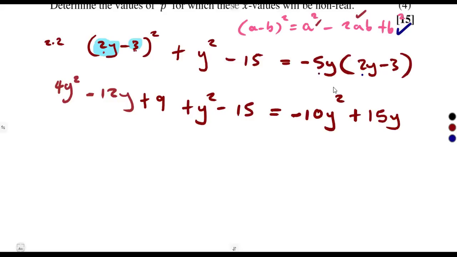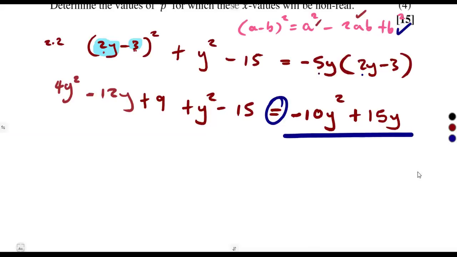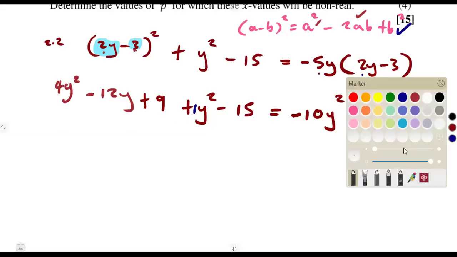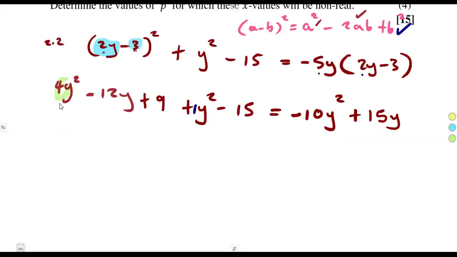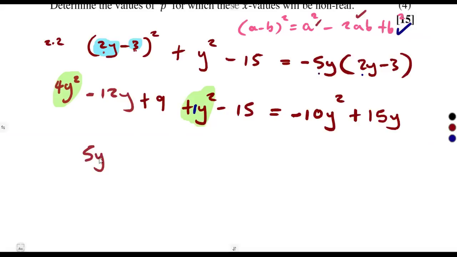So from there, collect your like terms, working with the left-hand side of our equation. What is on the left-hand side? Simplify there. What is on the right-hand side? If they are like terms, simplify. On the left-hand side, guys, we've got like terms here: 4y squared plus this y squared. So it's 4 plus 1, which is 5. So that's 5y squared.